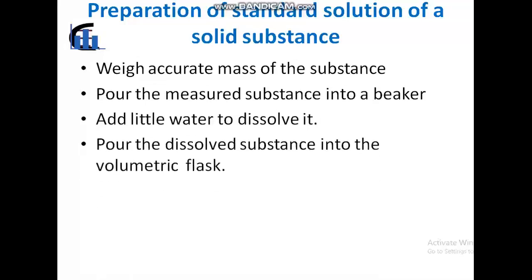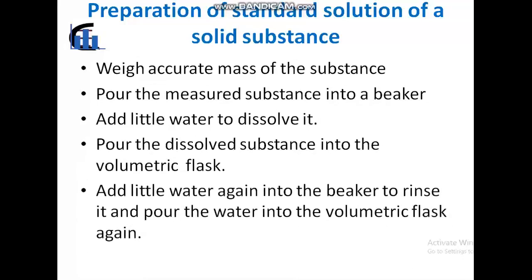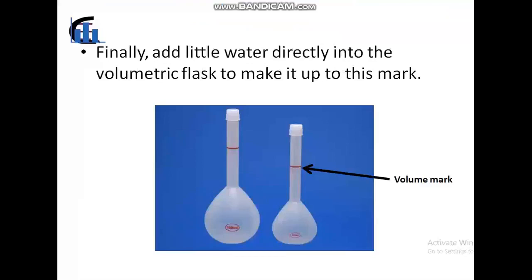Pour the dissolved substance into the volumetric flask. Add a little water again into the beaker to rinse it and pour the water into the volumetric flask again. Finally, add a little water directly into the volumetric flask to make it up to this mark. Can you see the volume mark? Okay.